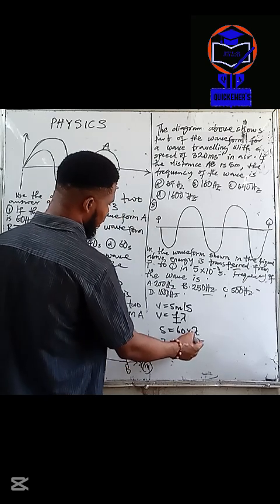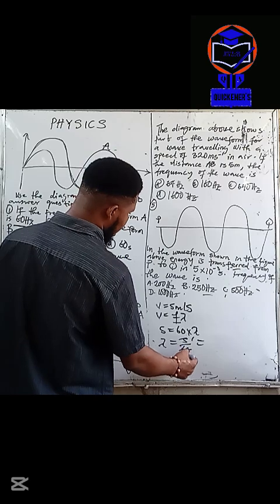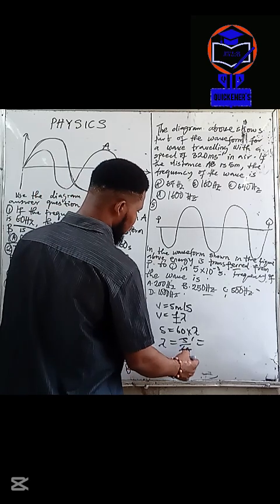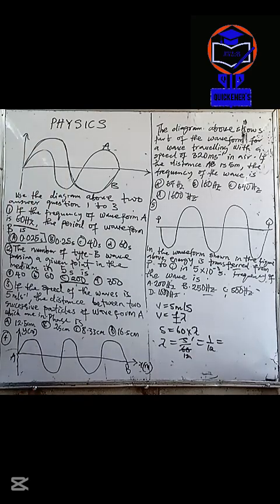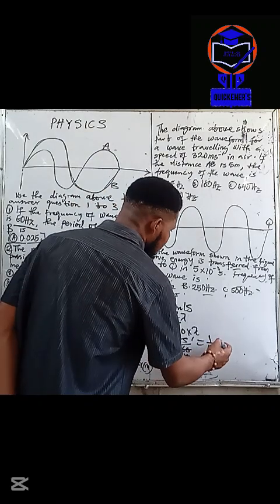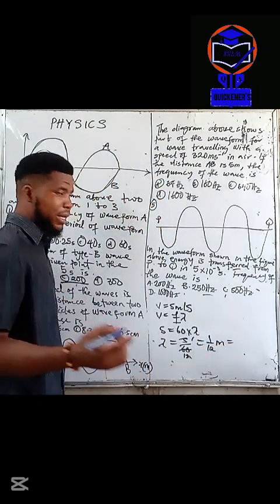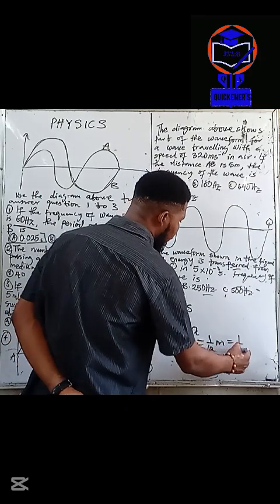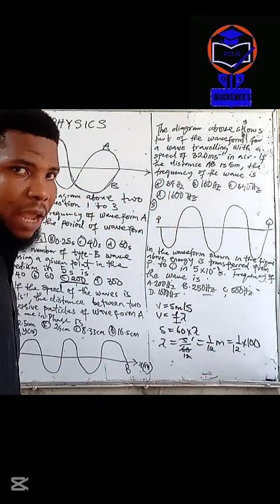The 5 here goes into itself 1, and into 60 it goes 12. So 1/12, when you press your calculator, what will it be? Now let's convert it to centimeter, because this is in meters. When you want to convert meter to centimeter, you multiply by 100.